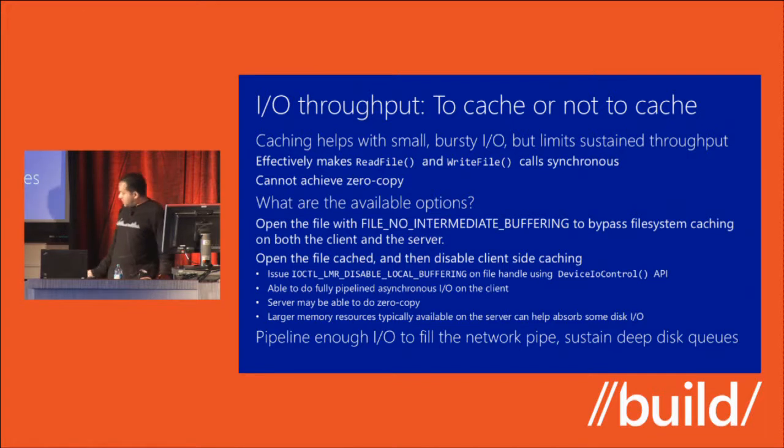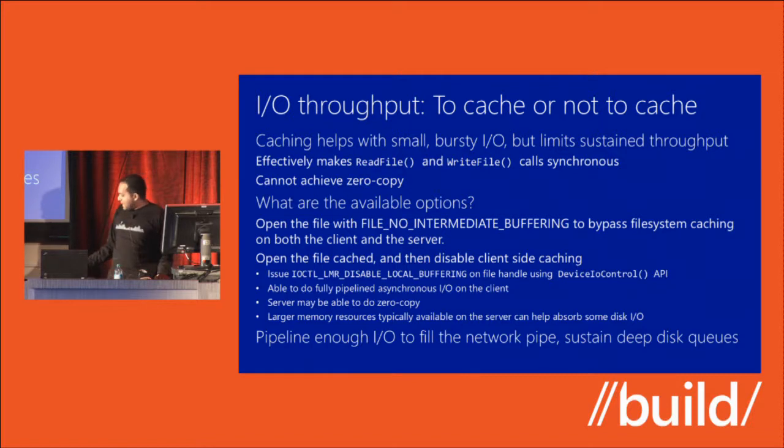Now, caching helps absorb bursts of I/O for a short period of time, because if you have an app which generates, let's say, 10,000 IOs in a second, and as long as all the I/O can fit into the cache, it absorbs or smooths out the I/O rate. That's what it gives you. But when you're talking about sustained network traffic, caching can actually hurt quite a bit.